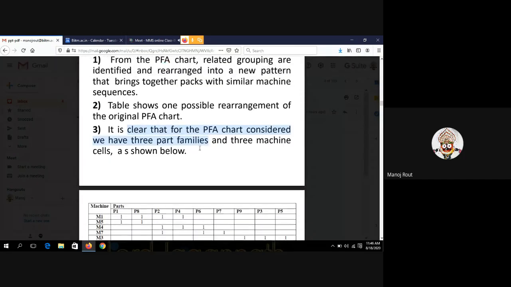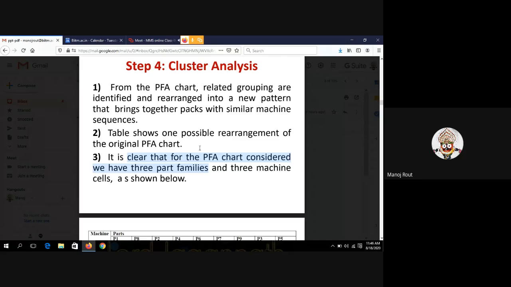In cluster analysis, from the product flow analysis chart, related groupings are identified and rearranged into a new pattern that brings together packs with similar machine sequence.